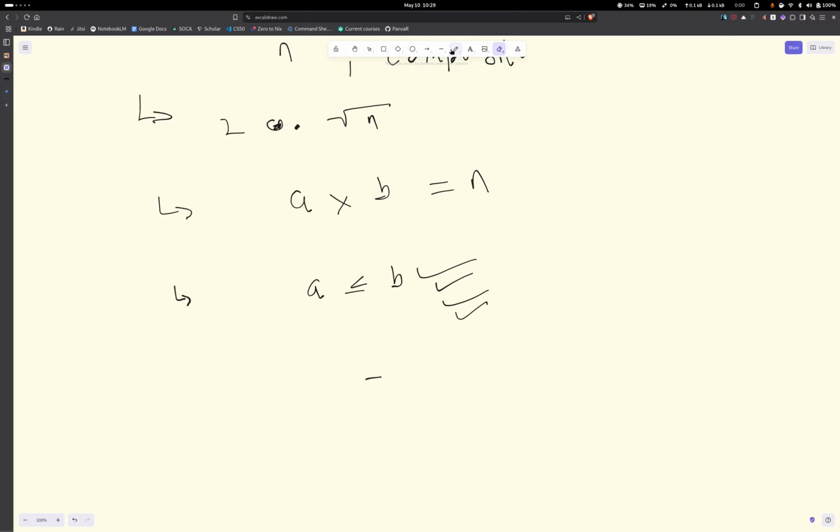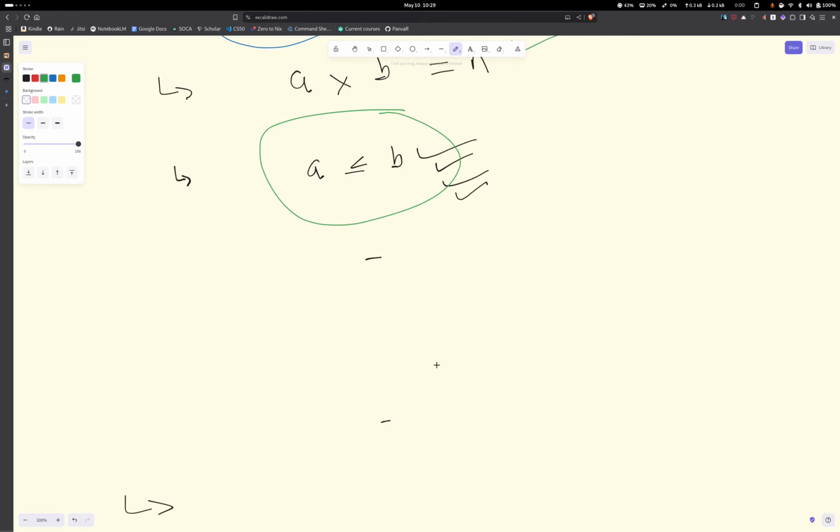That has to be true. This is something we suppose, and this also has to be true. So two things are possible. There are two possibilities with respect to the square root of n.